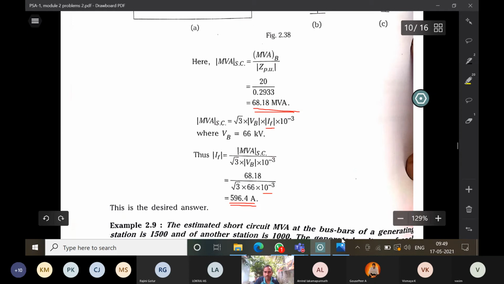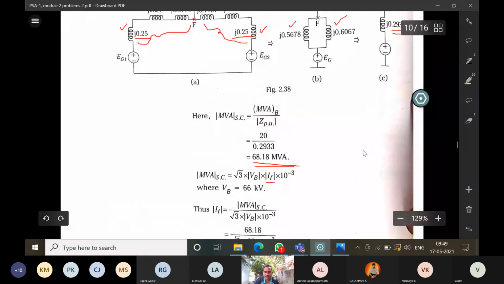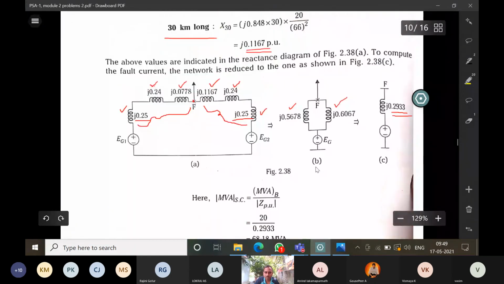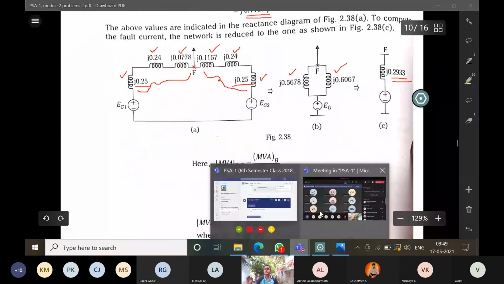Any doubt regarding this problem? Anybody having any doubt? Please ask.